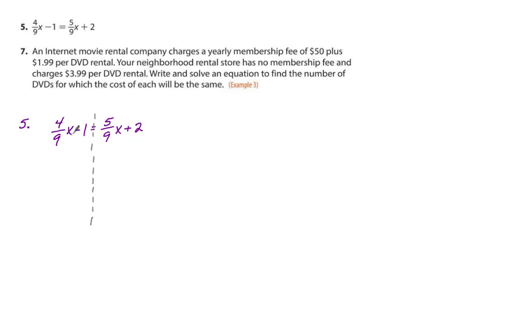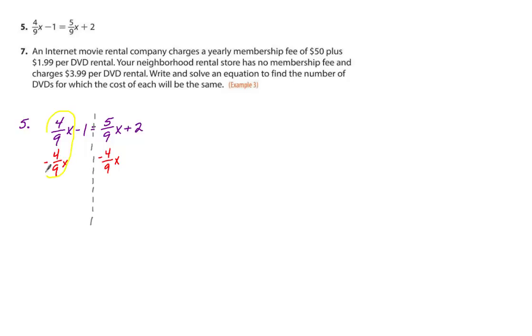So looking at problem number 5, we have 4/9 x minus 1 equals 5/9 x plus 2. I'm going to eliminate the 4/9 x. Take away the fewer number of x's. So when I eliminate that, this cancels.